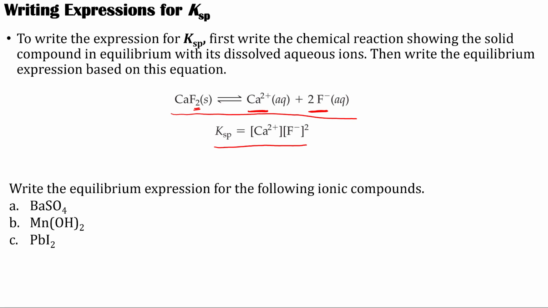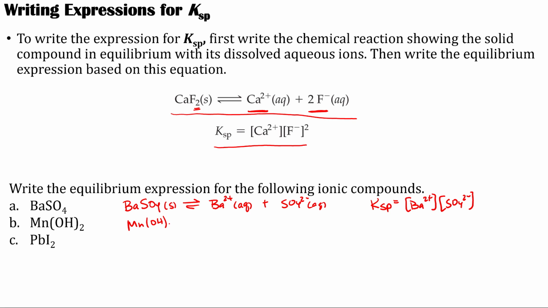So if we do some more, we have barium sulfate, which I already wrote on the first table. Here is the equation. And so the expression for the Ksp would be barium ions times sulfate ions. And there's only one of each, so they're both raised to the first power. Remember, we do not include those solids. And so manganese(II) hydroxide, that would be our solid, and we would get manganese 2+ plus 2 hydroxides.